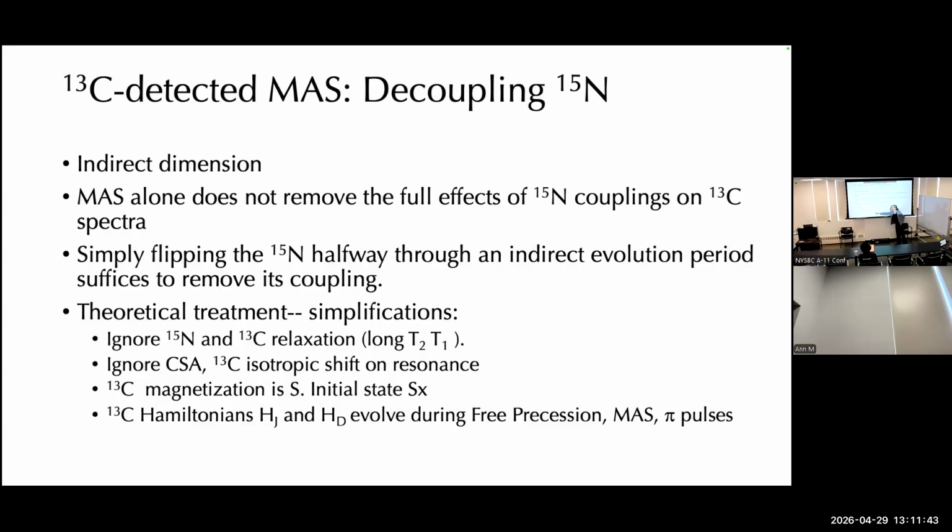And I'll have Hamiltonians that might be a J coupling between the detected carbon-13 and the coupled N15, or a dipolar coupling. They are going to be evolving during what we're thinking of as a precession period, and there'll be magic angle spinning going on, and maybe a pulse. So that's all we're doing. It's the preliminaries.